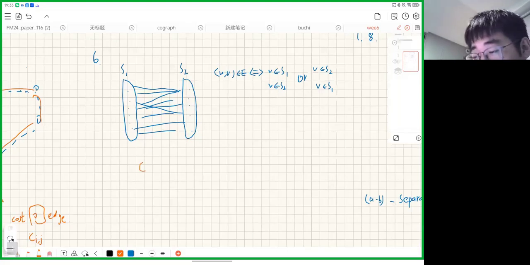Consider some graph G that has no triangle, but has as many edges as possible.